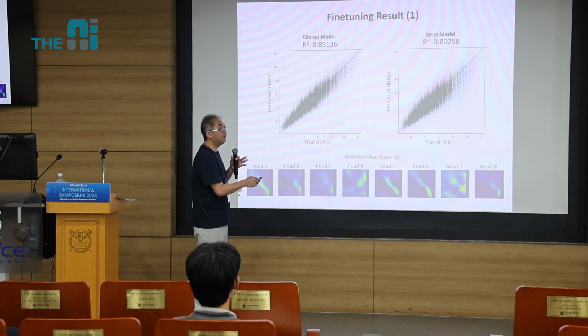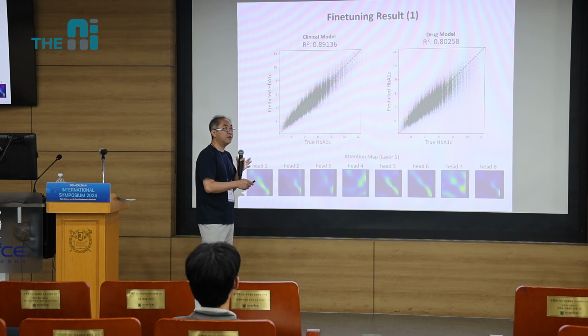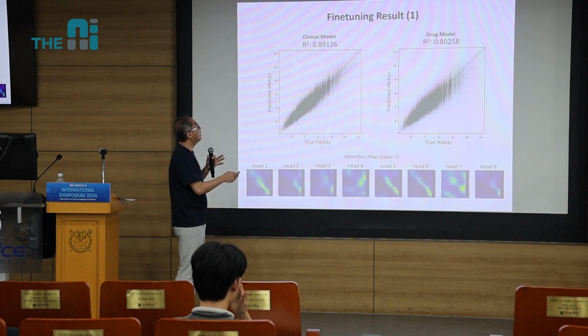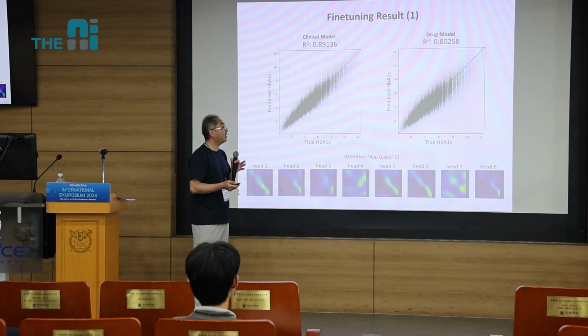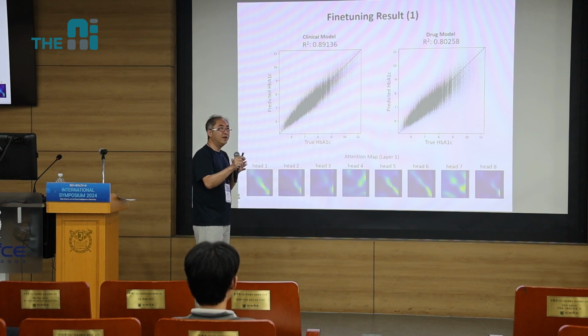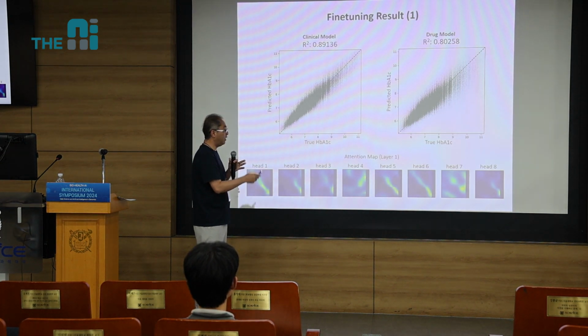Using the drug information only, the R-square value is 0.8. So it drops a little bit, which means the doctors do not understand correctly the way this AI model does. This is the clinical information. By looking at those clinical data, they choose what kinds of drugs they should administer to the patient.